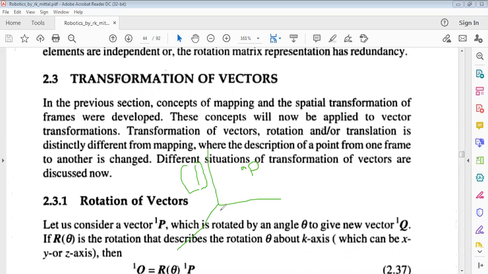From the origin of frame 1, if you draw a line towards this point P, that is known as a vector.